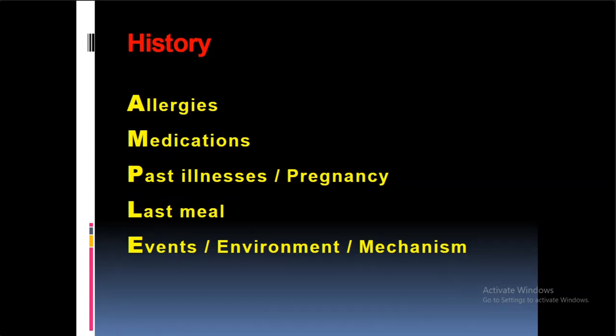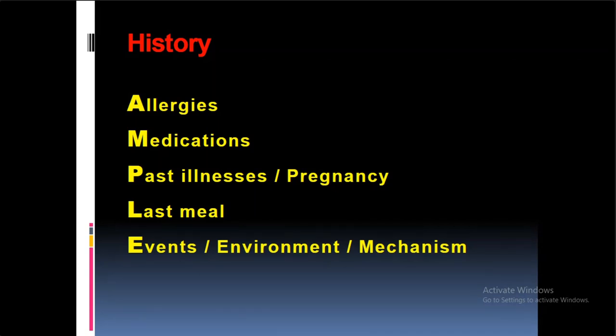We abbreviate it as AMPLE. It also differs from the disability in the primary survey, where I take the history using AVPU: A alert, V responds to verbal, P responds to painful, and U unresponsive.